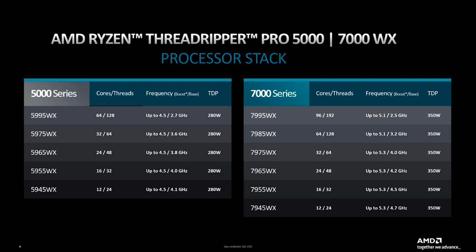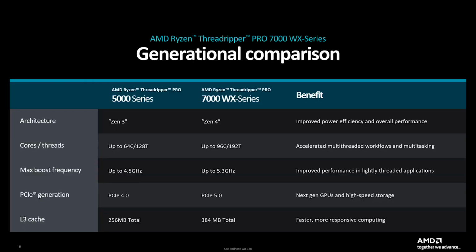Okay, so moving ahead to the next slide. Here we are taking the same 5000 series and 7000 series and showcasing the generational comparison, the benefits of moving from 5000 series to 7000 series. First is the architecture. The 5000 series was on a Zen 3 architecture. Now we have moved to a Zen 4 architecture, which gives you improved power efficiency and overall higher performance.